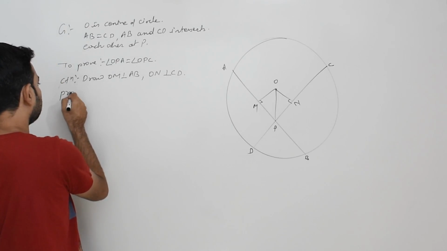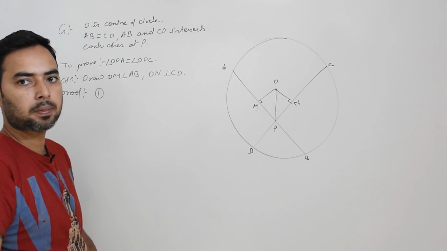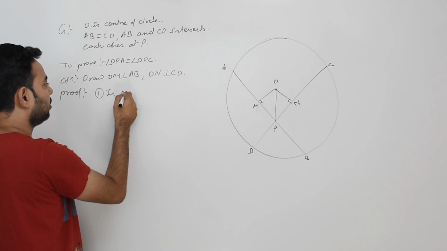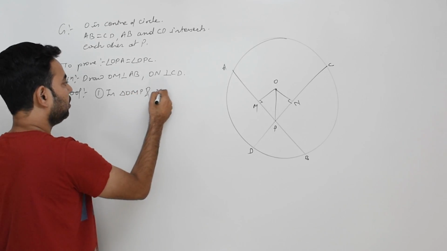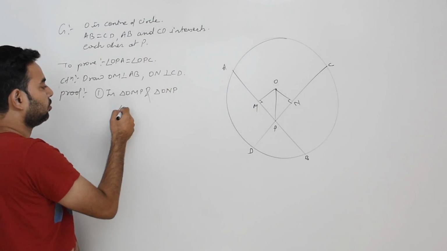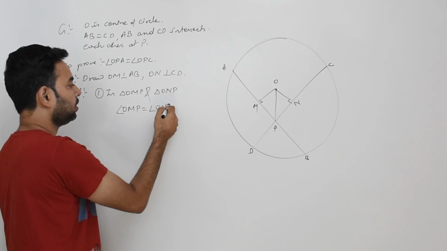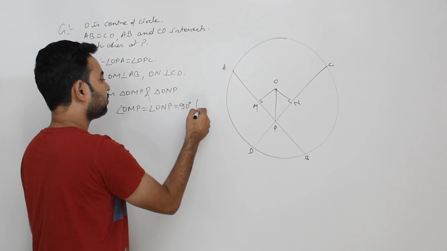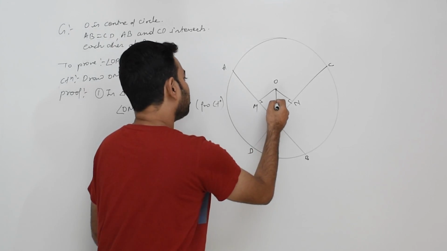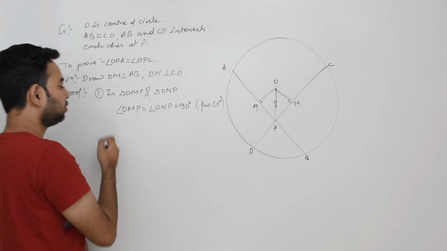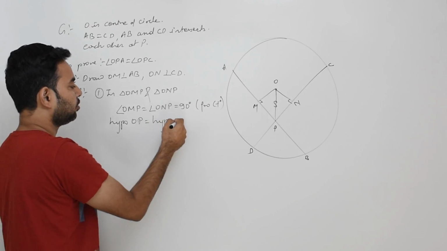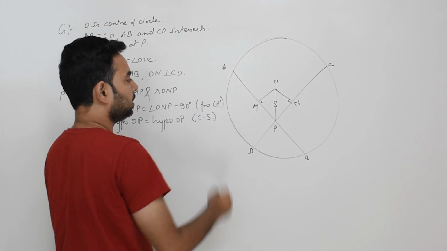Then the proof is: in triangle OMP and triangle ONP, angle OMP equals angle ONP, each 90 degrees from construction. Now, these both being 90 degrees, we know that this is the common hypotenuse, so hypotenuse OP equals hypotenuse OP, the common side.